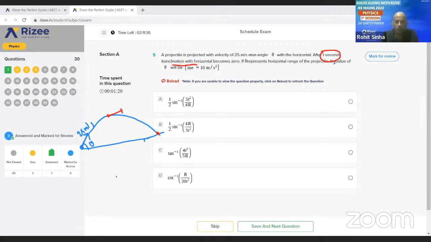It is asking what will be the value of theta if R represents the horizontal range, in terms of these values. Try this question, take your time.